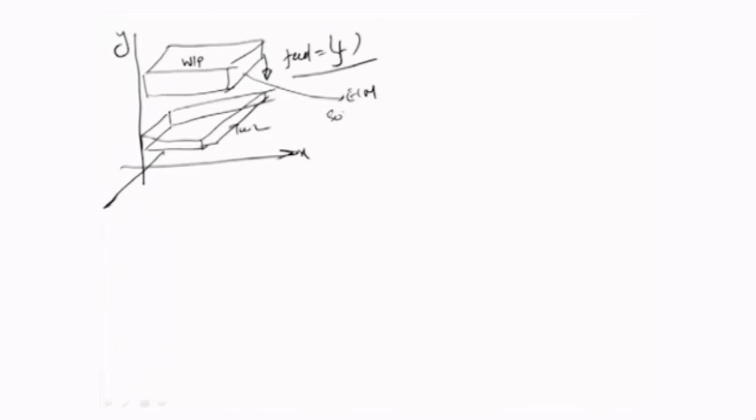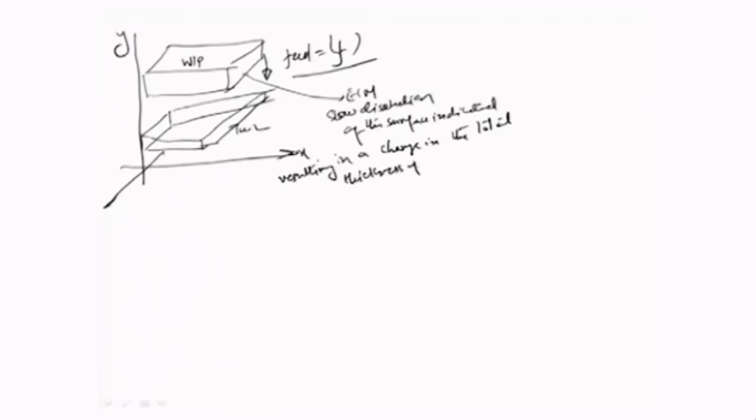What we also tried to investigate is that while the ECM process would continue from this surface, there would be a slow dissolution of the surface indicated, and this would result in a change in the total thickness of the workpiece.